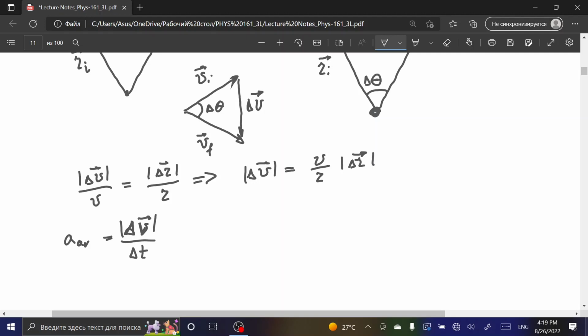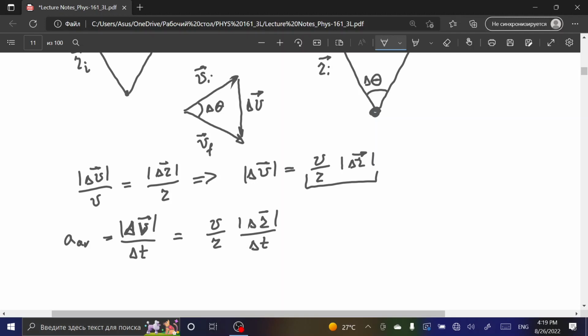So when we have this, we can substitute in the numerator the expression for delta v vector, which is this one. So we have the following: linear velocity divided by the radius of the curvature times the magnitude of the displacement vector divided by delta t.